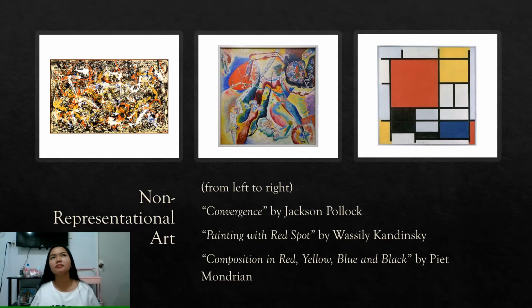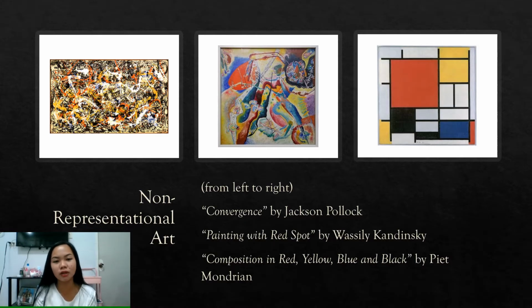But if you are really into arts and you study arts, you analyze it, you analyze the background of the painter or the artist, then you will get an idea of how you would interpret these abstract works. But I really don't know what Jackson Pollock meant by this work.